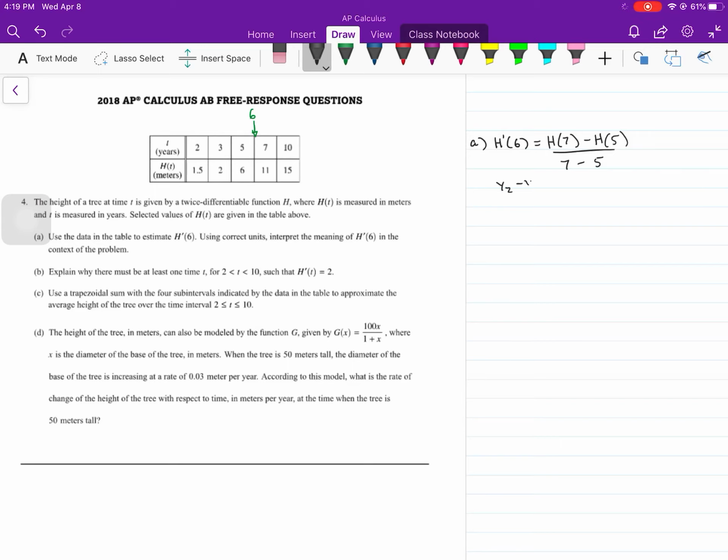And what you really see there is y2 minus y1 over x2 minus x1. It's just the slope formula. It's fancy talk for that. So anyways, evaluating this gives us h of 7 is 11 minus 5 over 7 minus 5. And this equals 6 over 2.